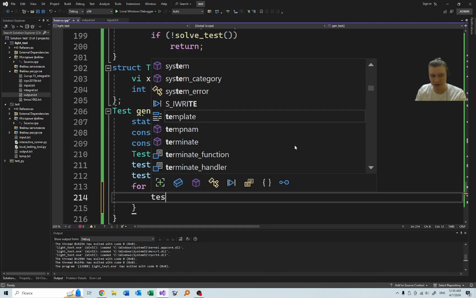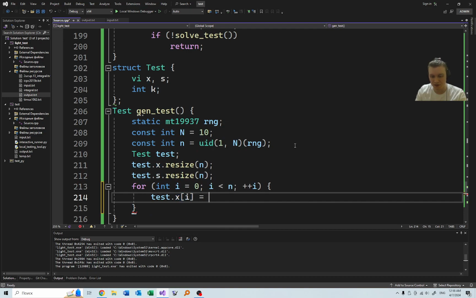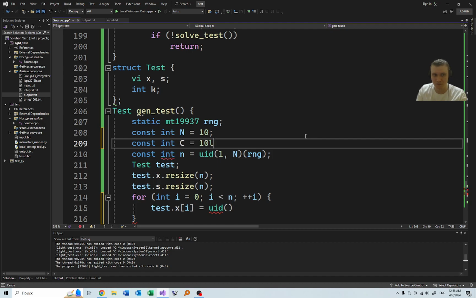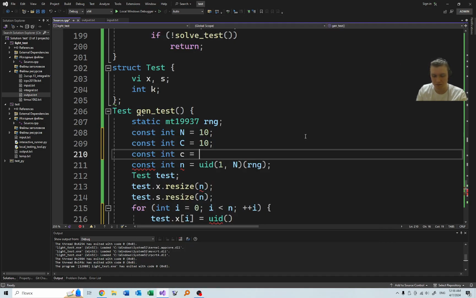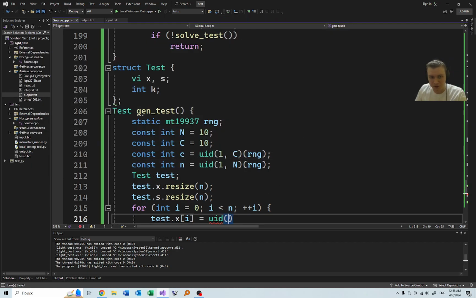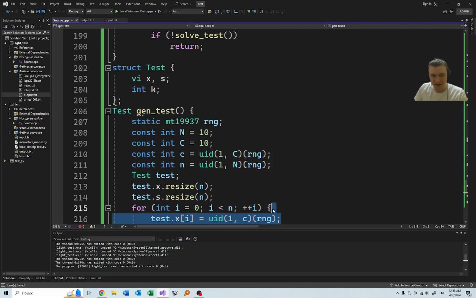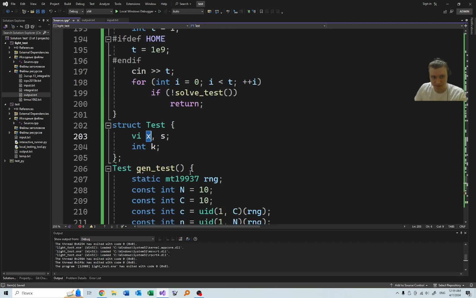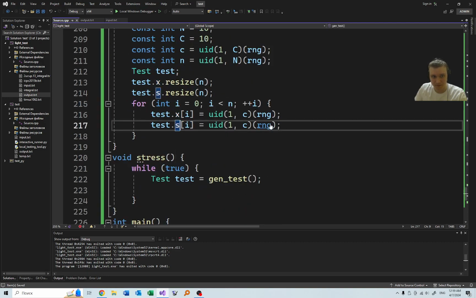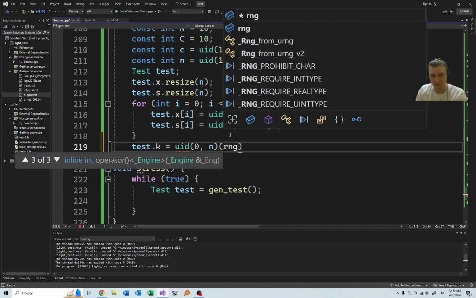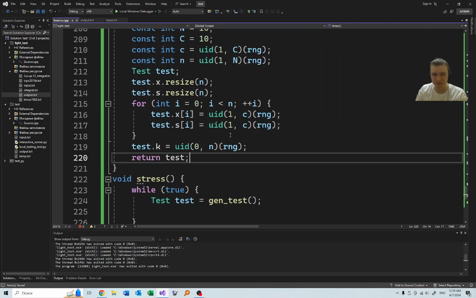And we basically said test.xi is UID from 1 to C. And the same for S. Finally, test.k is UID from 0 to n and return test.